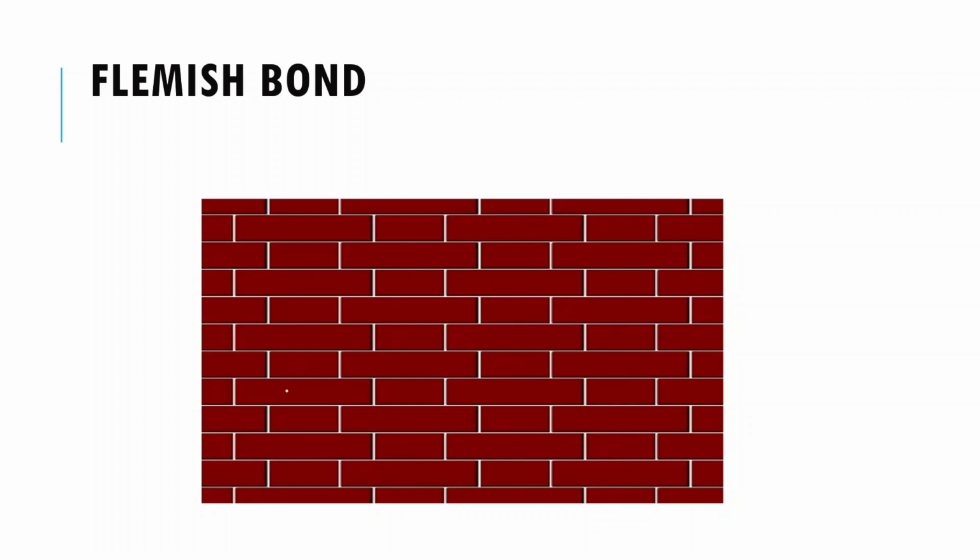But in Flemish bond, you can clearly see this is the stretcher pattern, and next to it we are placing alternate bricks. The first brick facing towards us is a stretcher, and the next one is a header. Next a stretcher, and then a header. So in one course itself, we see stretcher, header, stretcher, and header. This type of bond is called the Flemish bond.